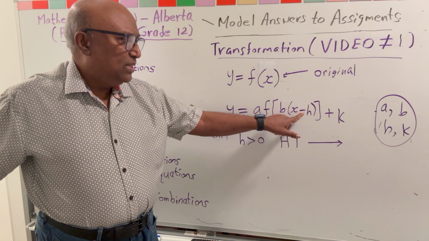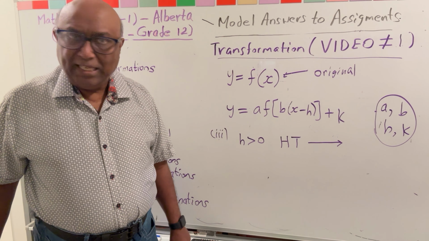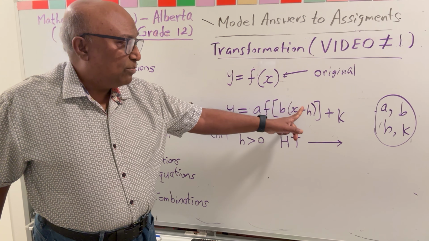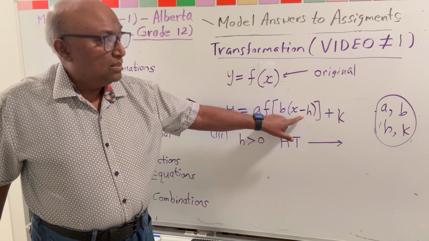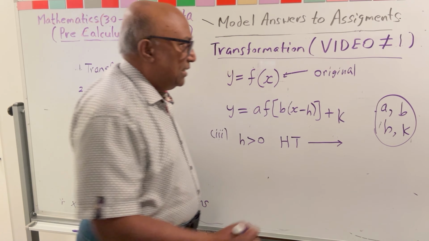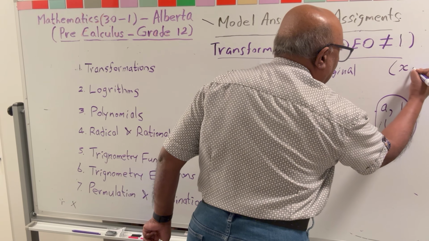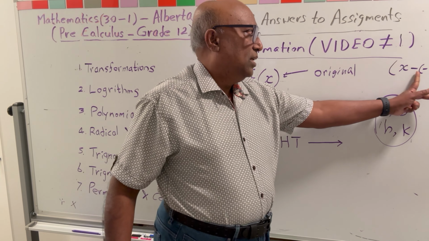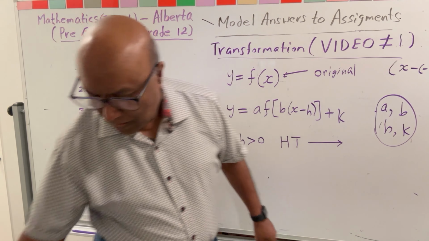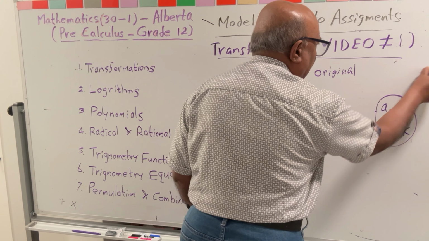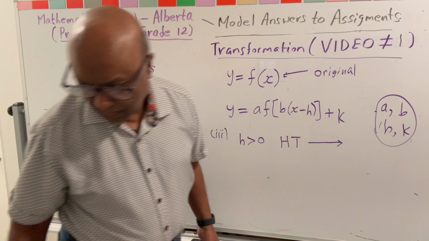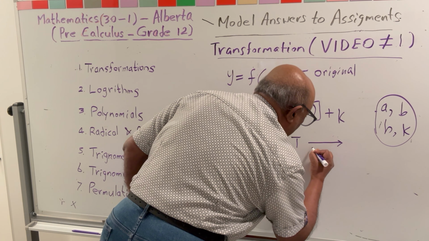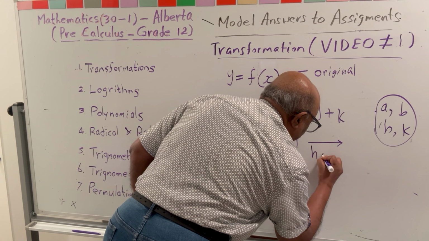Because you have to mind this minus sign. Always when you deal with a question, you have to create a minus sign. If you see the plus sign, you have to create a minus by introducing the minus sign. If you see x plus 3, for example, you can create the minus sign like this. Then you can identify the h value. The h value is negative 3. That is just an example. We will meet this example in our questions. What happened here? Horizontal translation to the right by h units.